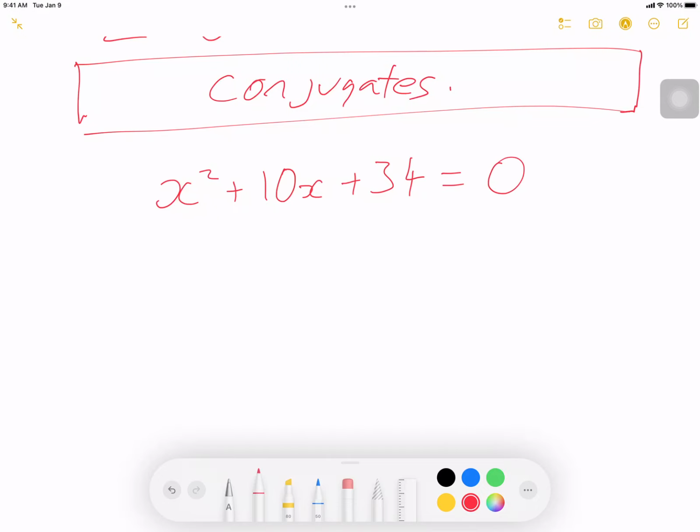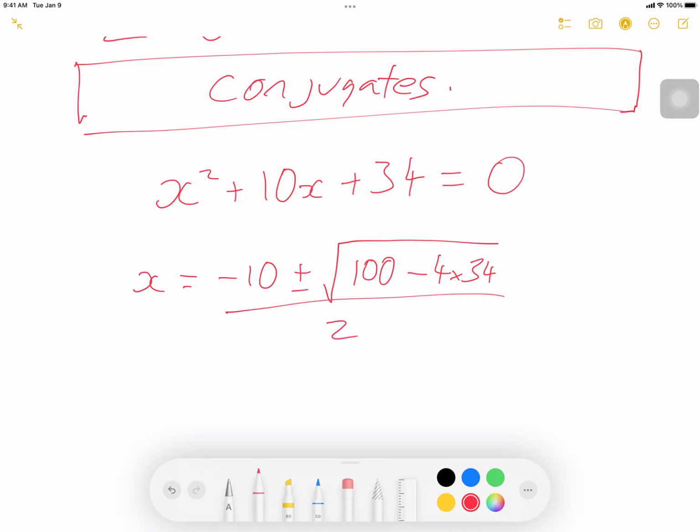If I'm going to solve that using the quadratic formula, I would go minus 10 plus or minus the square root of 10 squared minus 4 times 1, the coefficient of my x squared, times 34, all over 2.